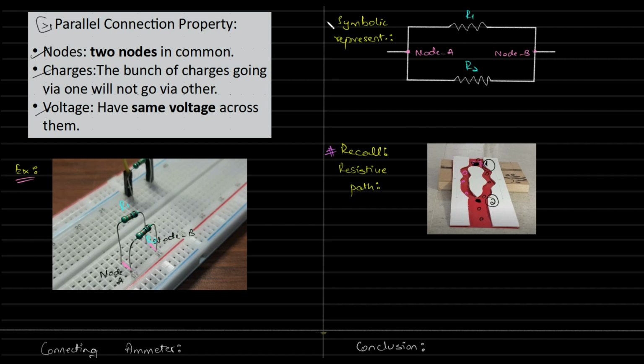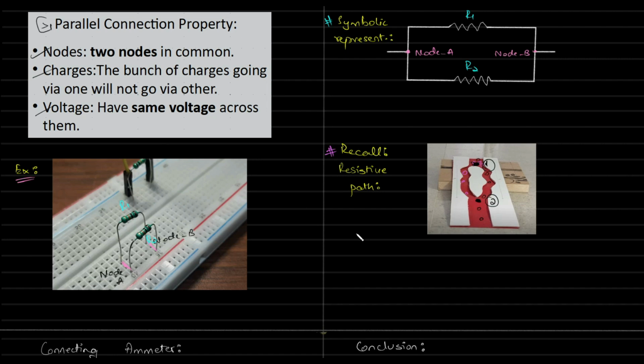Again, you need to understand every aspect of this. There are two nodes that are common in a parallel connection. As you can see, two nodes are being shared by both the resistors. That is basically indirectly telling us two terminals are being connected. In terms of charges, a different bunch of charges runs through each of them.